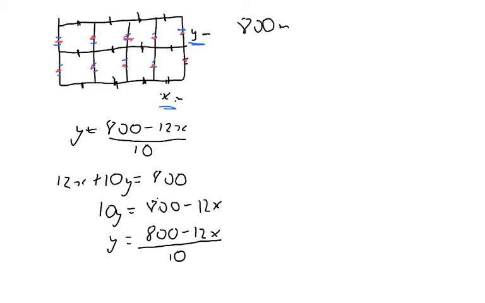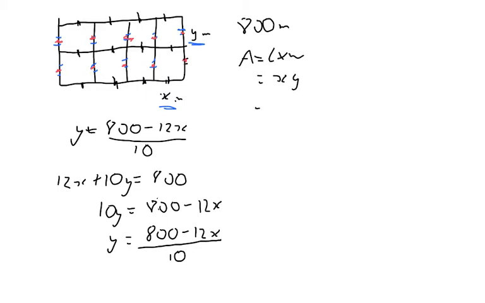Now, what we're going to do is find the area of each pen. Area is equal to length times width. That's the area of a rectangle. In this case, it's going to be x times y.